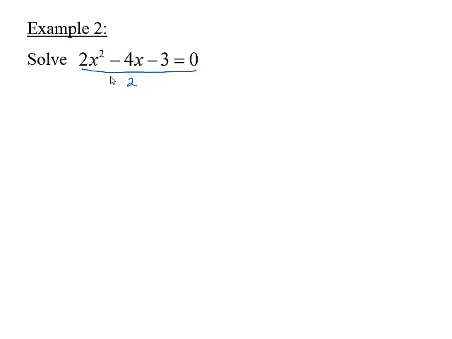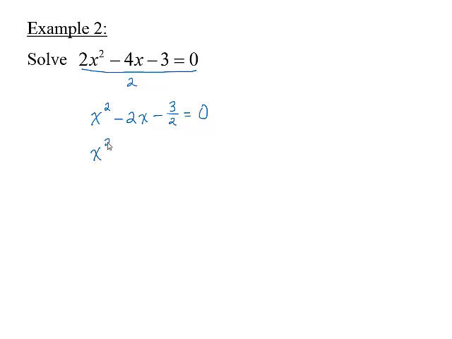This equates to dividing each term by 2. 2x squared divided by 2 is x squared. Minus 4x divided by 2 is minus 2x. Minus 3 divided by 2 is minus 3/2 equals 0 divided by 2, which is 0.